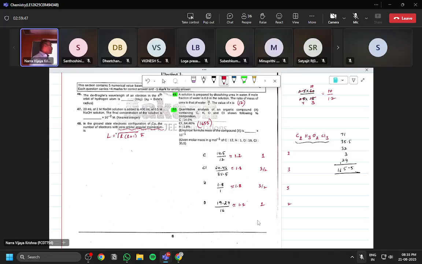If they say Z component, I will write into cos theta, right? They gave this value 0. This value 0 means L equals 0, which means s orbital. So 1s2, 2s2, 2p6, 3s2, 3p6, 4s1, 3d10. So how many? Number of electrons with 0 is 7.